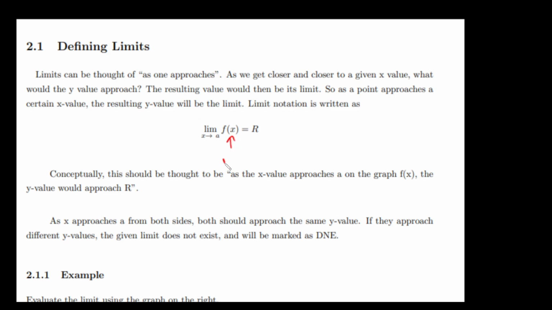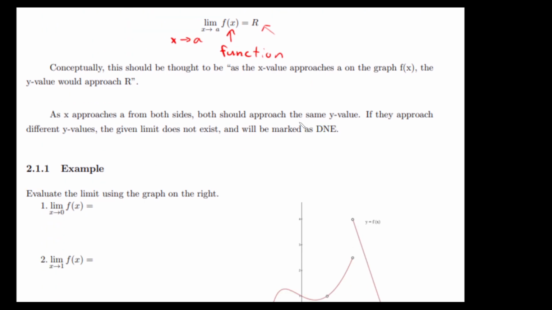This is the function that you want, and it's saying, as x approaches a constant a, or just any number, say 3, 4, whatever, on this f of x function, what would the y value approach? That answer is our r value, which is our answer for that limit.